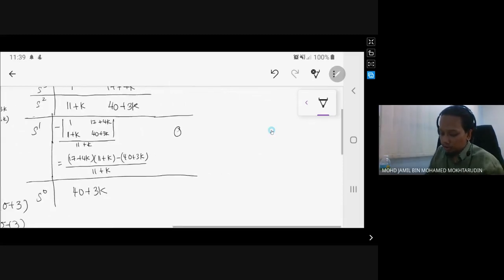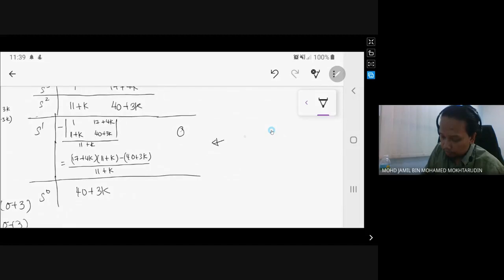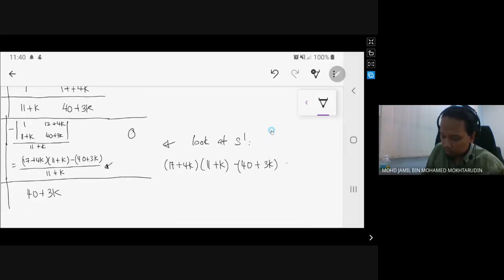Okay, so you look at the row S1 and find the value of k when this is 0. So you get 17 plus 4k times 11 plus k minus 40 plus 3k equals 0. Simplify.